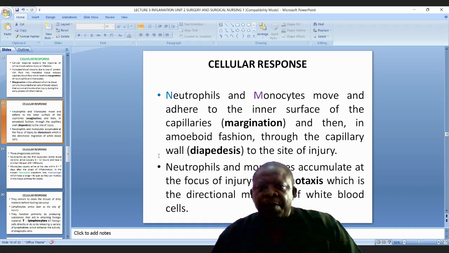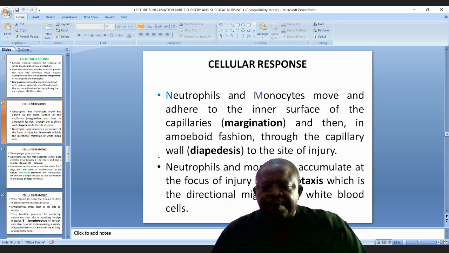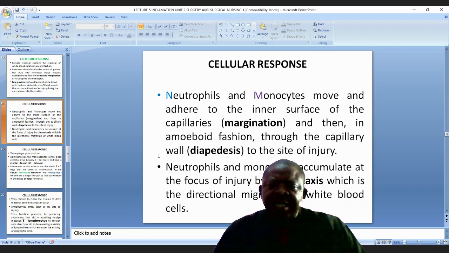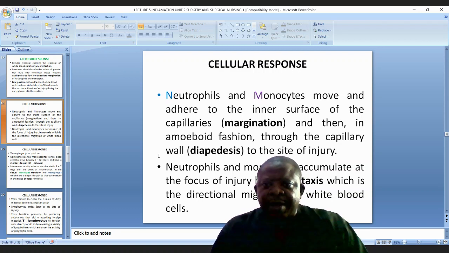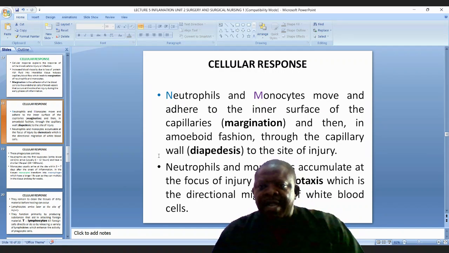So when blood vessels and other protein material pass through the vessel to go and start forming the healing process, fibrinogen, and the fibrous tissue that is needed. We call that diapedesis. Okay, so diapedesis, we are looking at the white blood cells, that is neutrophils and monocytes, that pass through the wall to go and line up and start promoting healing outside the blood vessel.